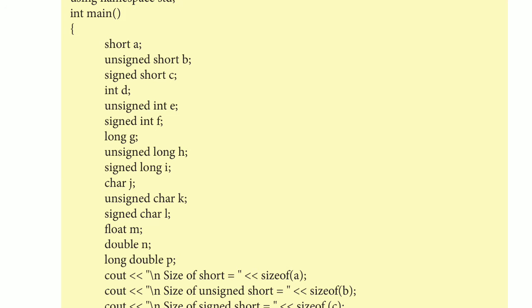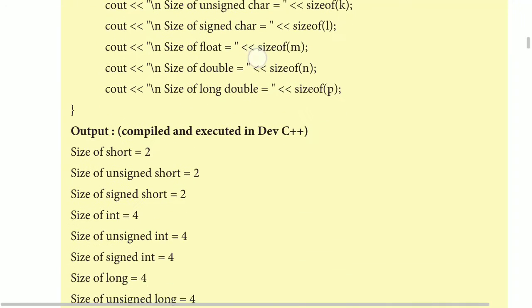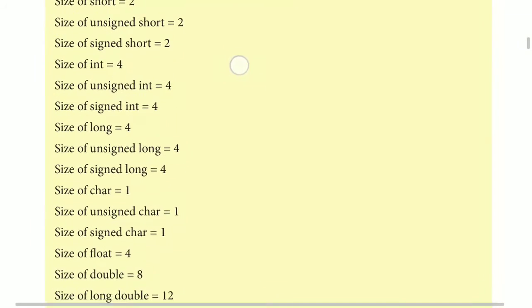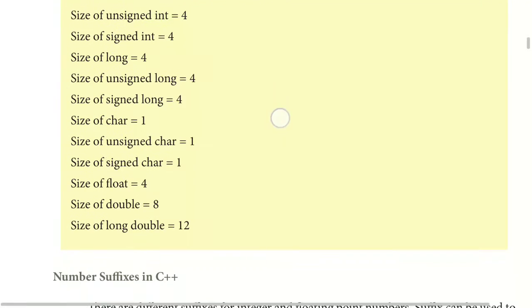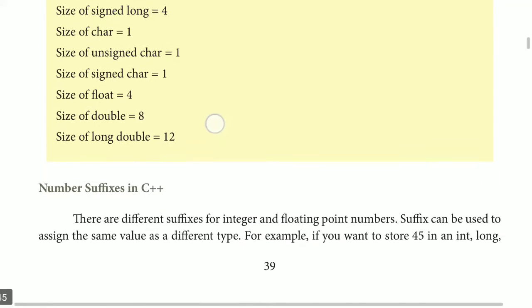By using sizeof A, B, C, D, you can find out the sizes given in bytes here. This particular compiler provides these kinds of memory allocations to the different types of data that are present here. You can just find the result here.